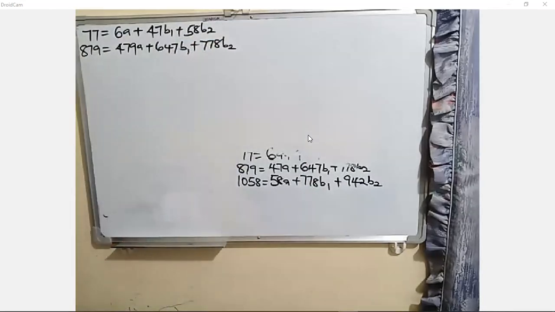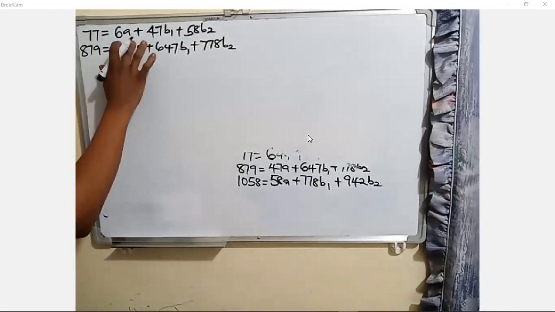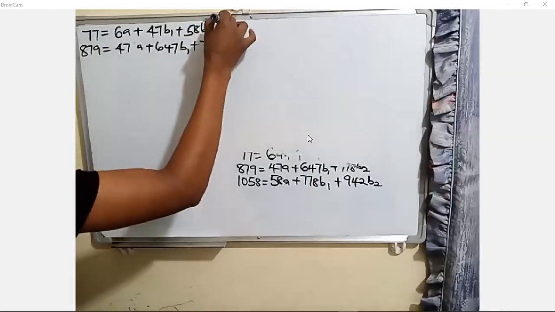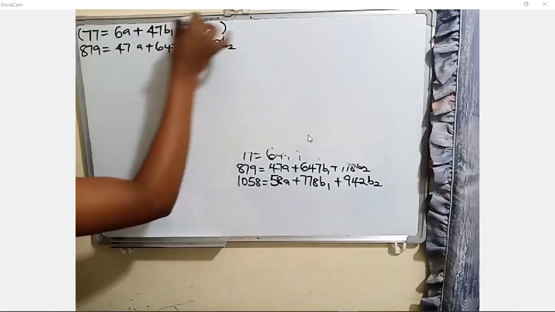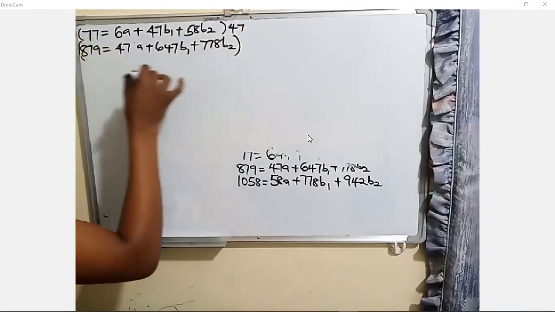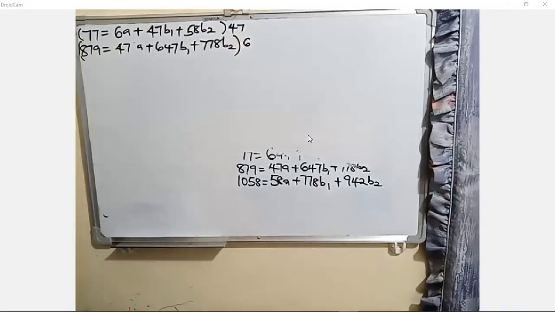So how am I going to be eliminating my a? I will multiply the first equation by 47, and the second equation I multiply by 6 to make them equal.